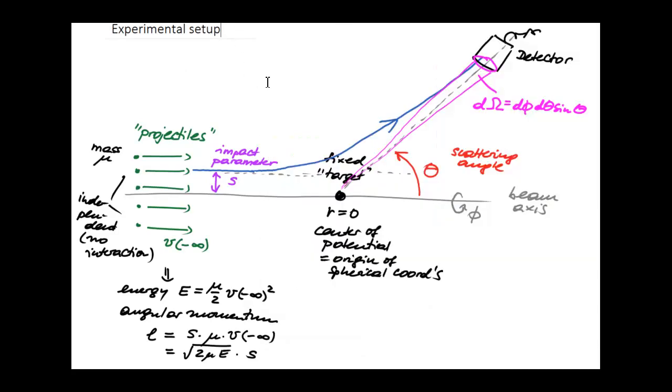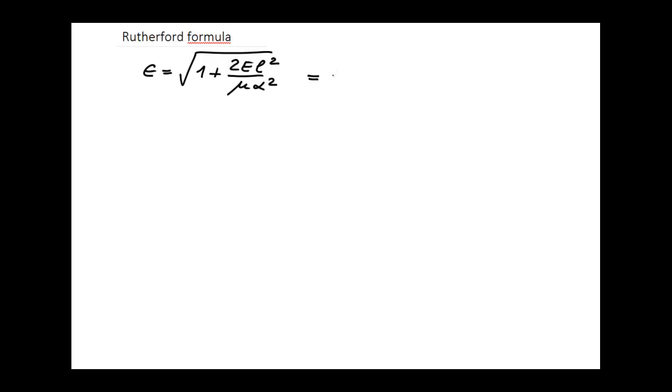Below, you see it's the last line on the left-hand side. You see a formula for the angular momentum, L. And on the last line, L is expressed in terms of impact parameter. They are simply proportional. We use this relationship, and immediately we have then epsilon as a function of impact parameter.